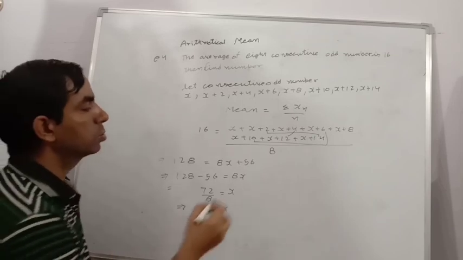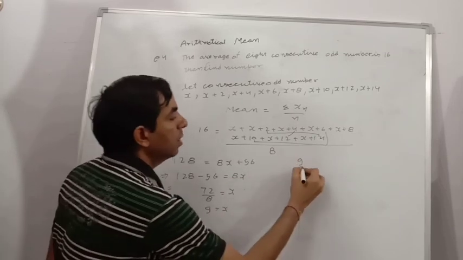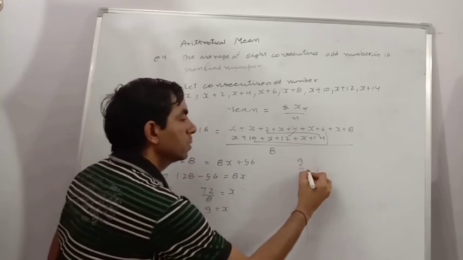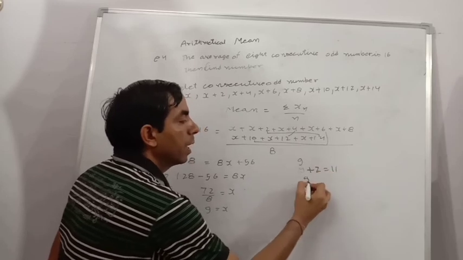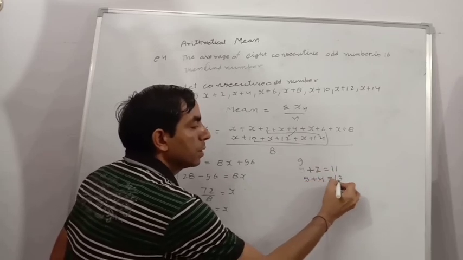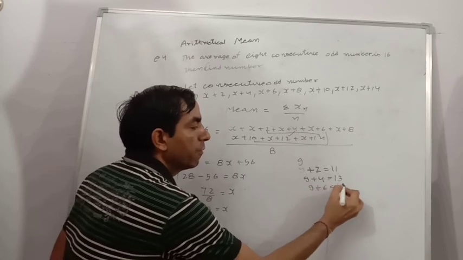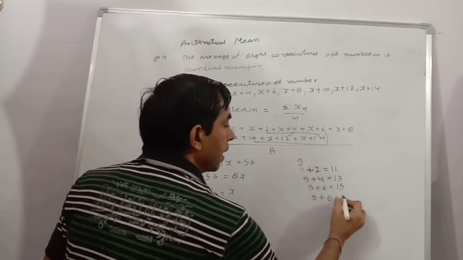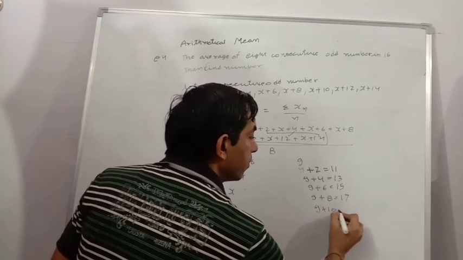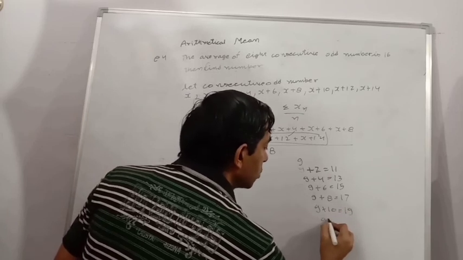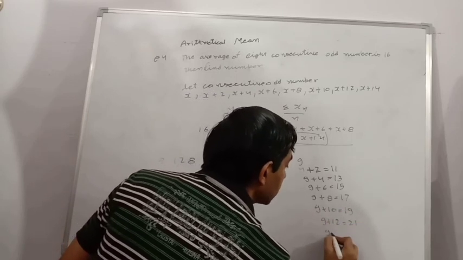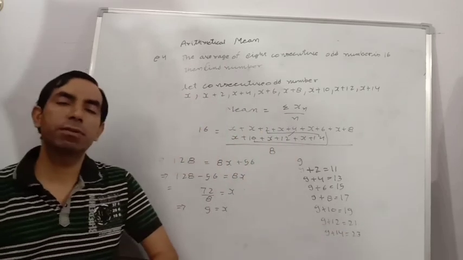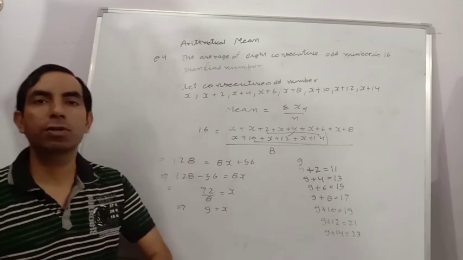So the first number is 9, second is 9 plus 2 is 11, 9 plus 4 is 13, 9 plus 6 is 15, 9 plus 8 is 17, 9 plus 10 is 19, 9 plus 12 is 21, and 9 plus 14 is 23. Now we get all the consecutive numbers given in our question.